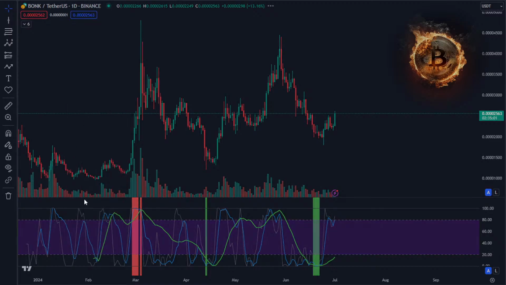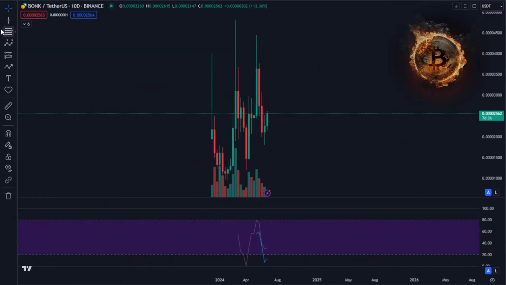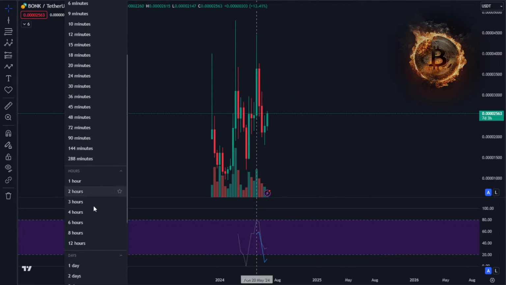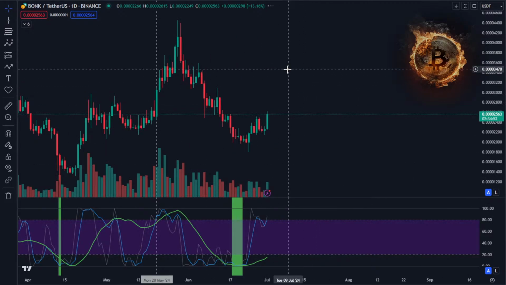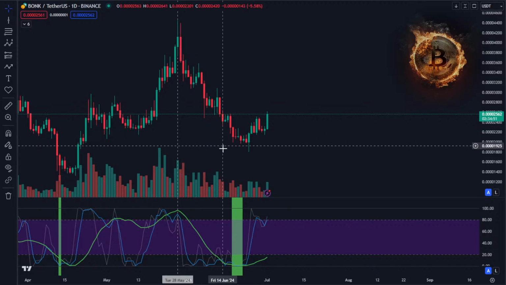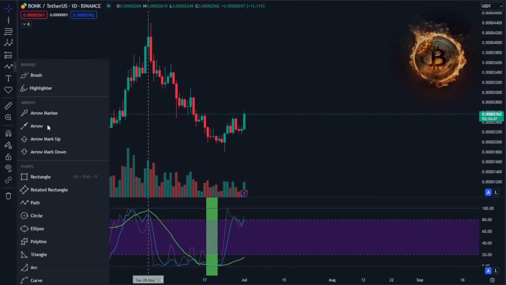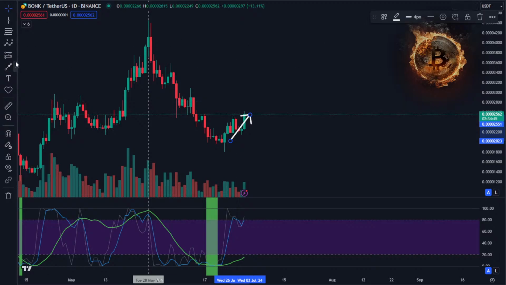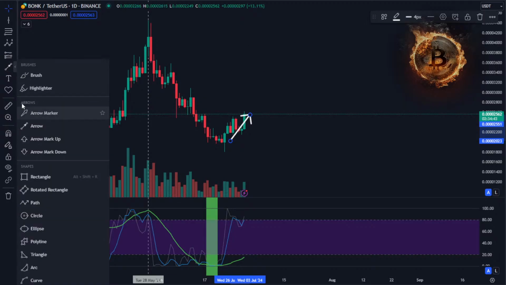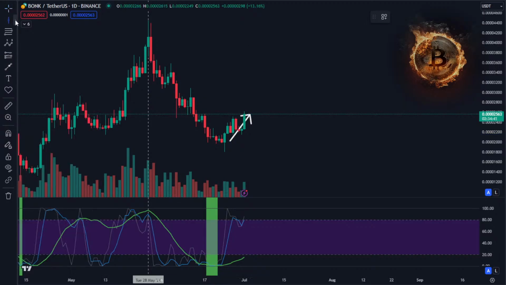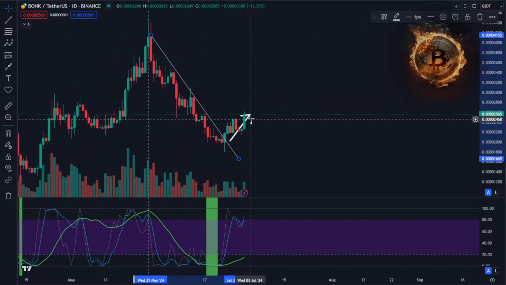So I'm gonna zoom out here, and I'm gonna start by identifying the last wave on the 10-day. Then I'm gonna zoom in on the 1-day, and as you can see here we had this breakup from this downtrend that we had here. So we had this downtrend and then we broke up.